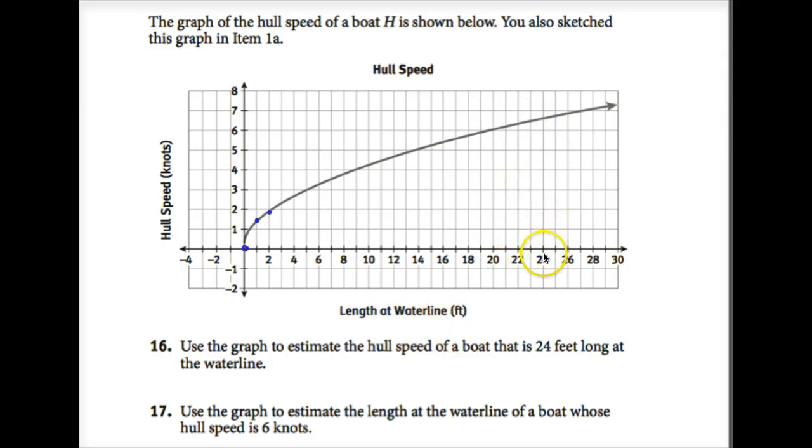So when it gives you an x value and wants you to estimate given a graph, we just go straight up and we find the corresponding y value. The corresponding y value is about 6.5, maybe. And that's measured in knots.